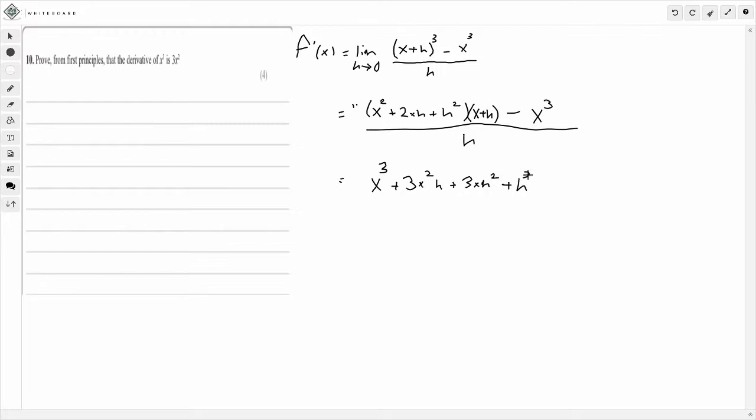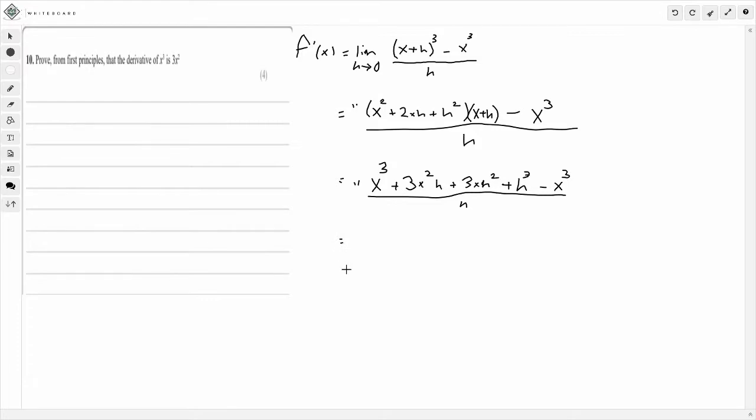And then don't forget your minus x cubed at the end. And this again is still all over h. And I've still got the limit as h tends to 0, so I'm just going to keep putting the dot dots to represent that. I'll bring it back at the very end.